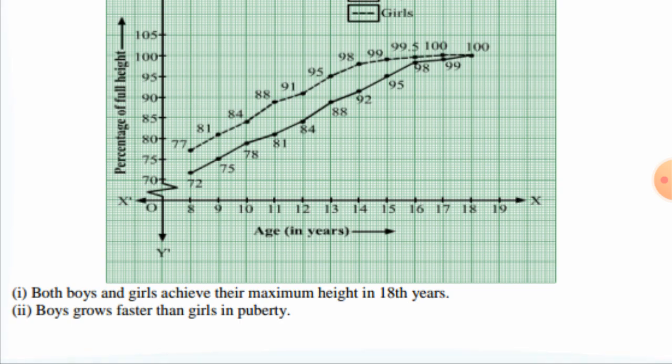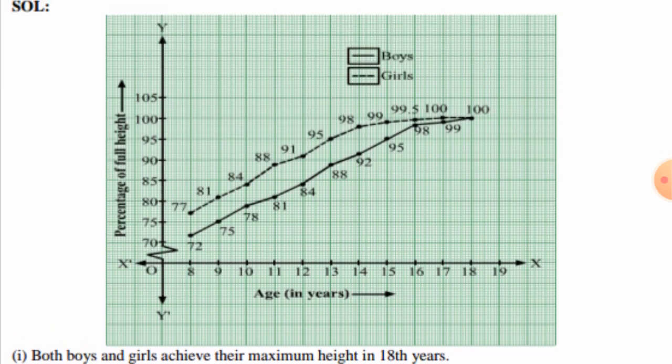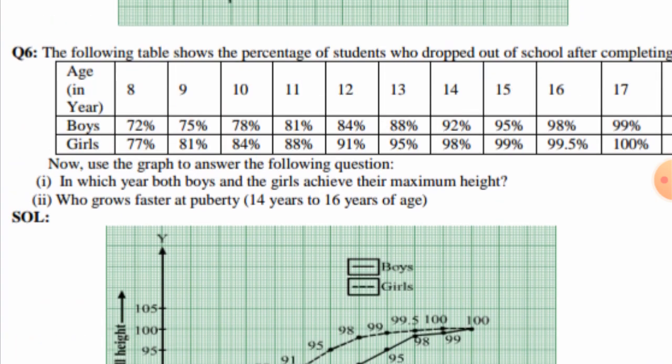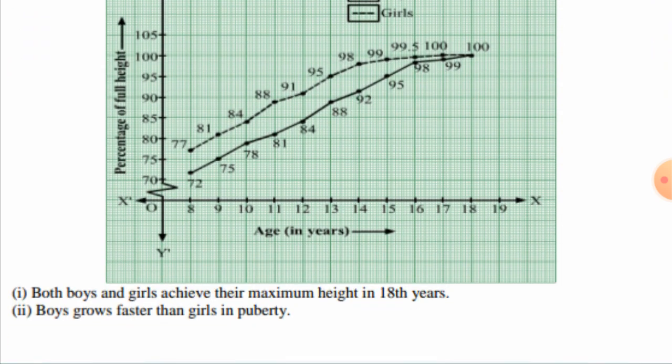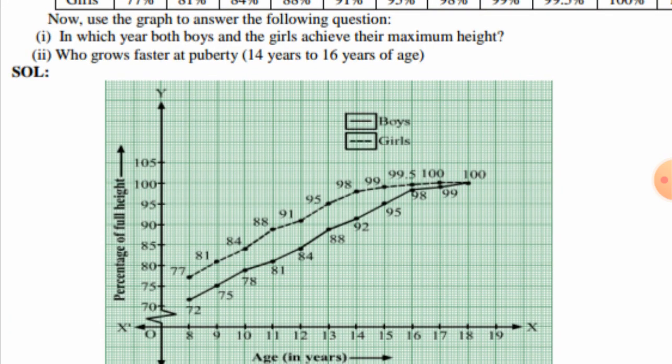Now similarly, the first part is asking whether both boys and girls achieve their maximum height in the 18th year. So we can say that in the 18th year we can see the maximum height. For the second part, it is asking who grows faster at puberty, that is 14 years to 16 years. So who grows faster? Boys grow faster than girls in puberty. So this we have to show.